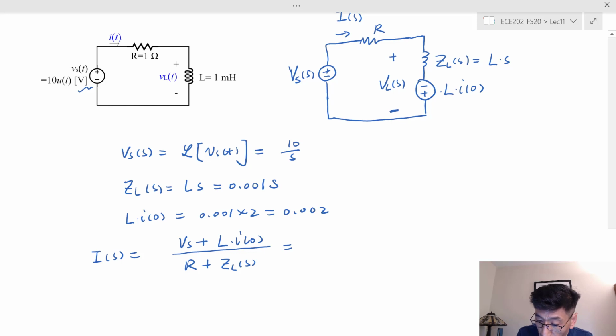So we have 10 over s plus 0.002, divided by 1 ohm plus 0.001 s.